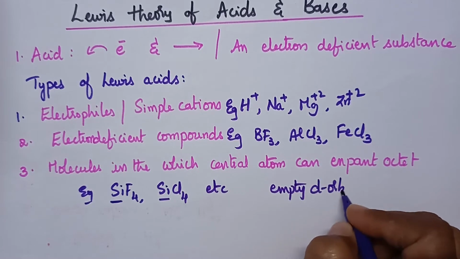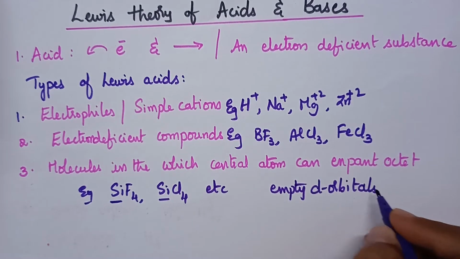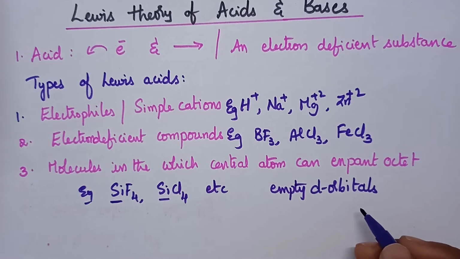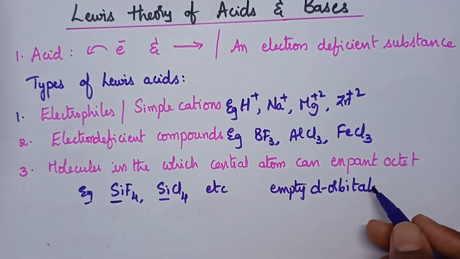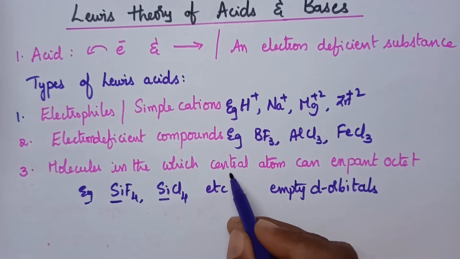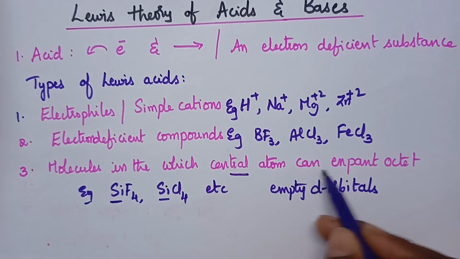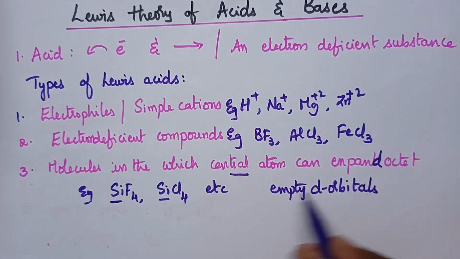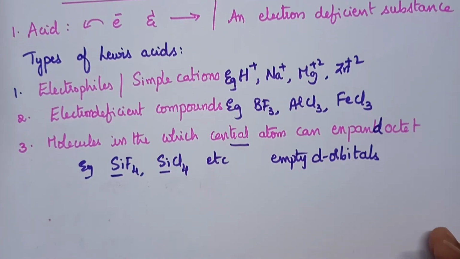With the result, it is capable of accommodating more and more electrons. So molecules in which the central atom can expand its octet can act as Lewis acids.